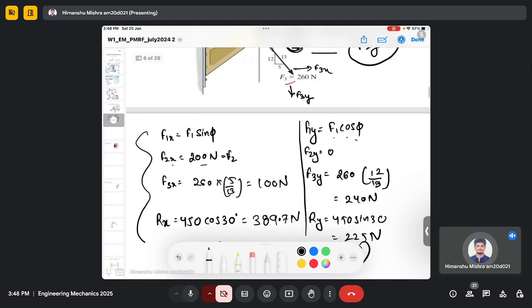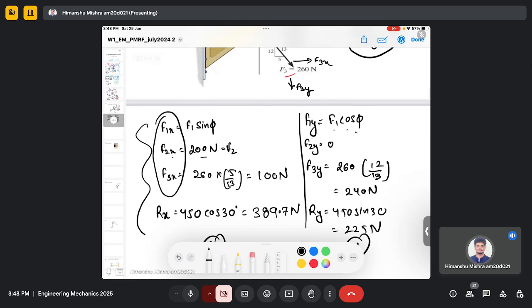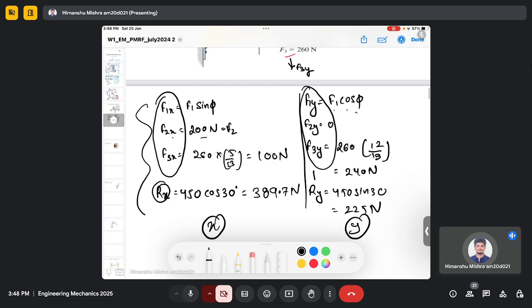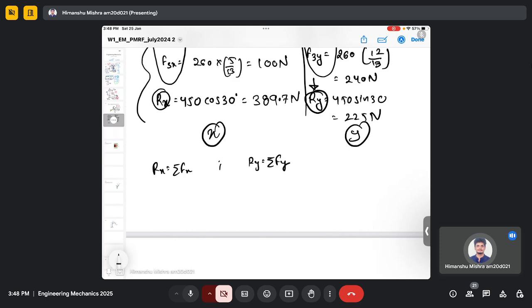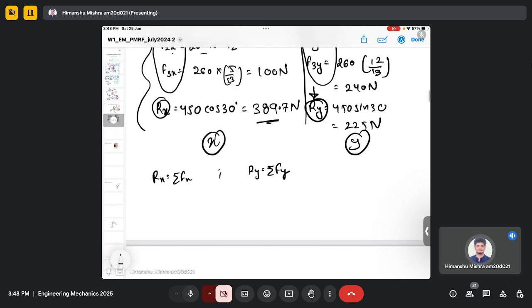So we need to take the sum of these force components, and it will be equal to Rx, and likewise for Ry. Right? So what is our Rx?